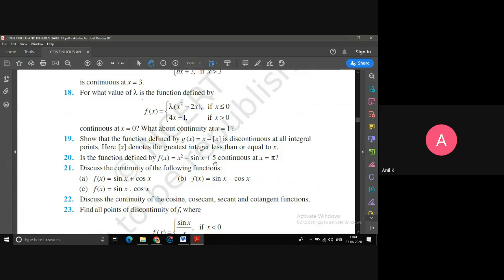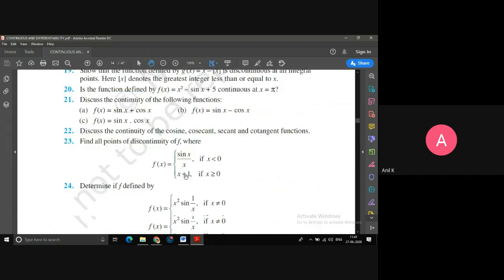It is also continuous. Hence, a combination of continuous functions will again be a continuous function. Anyhow, sin pi is going to be 0. So left of sin pi is towards 0 and right of sin pi is also towards 0. So 20 is also a continuous function.